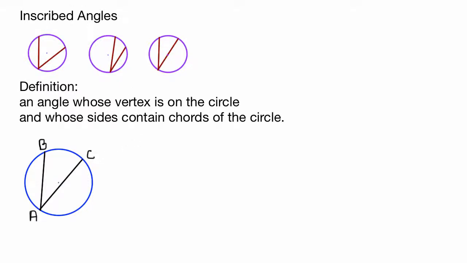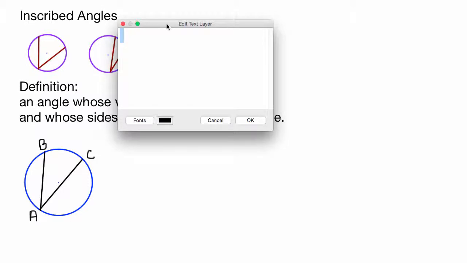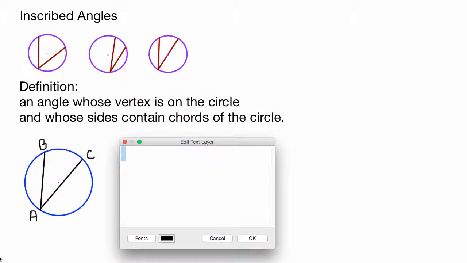So I'm going to write that again in a text box. And that is the following, okay? The measure of an inscribed angle equals 1/2 the measure of its intercepted arc.